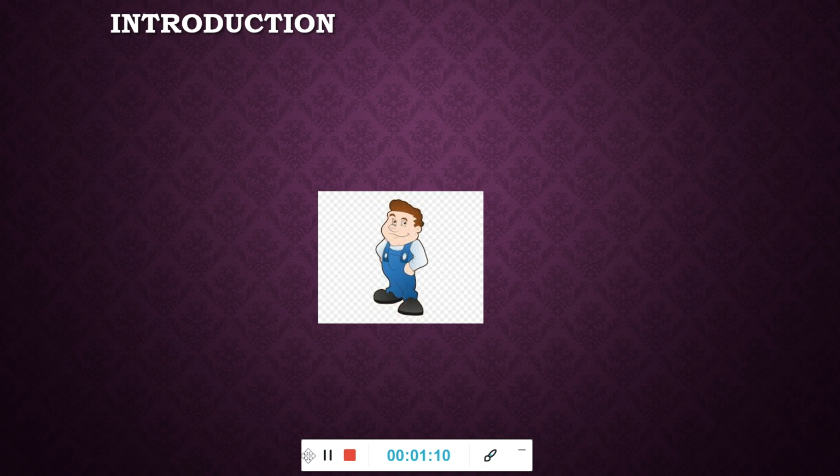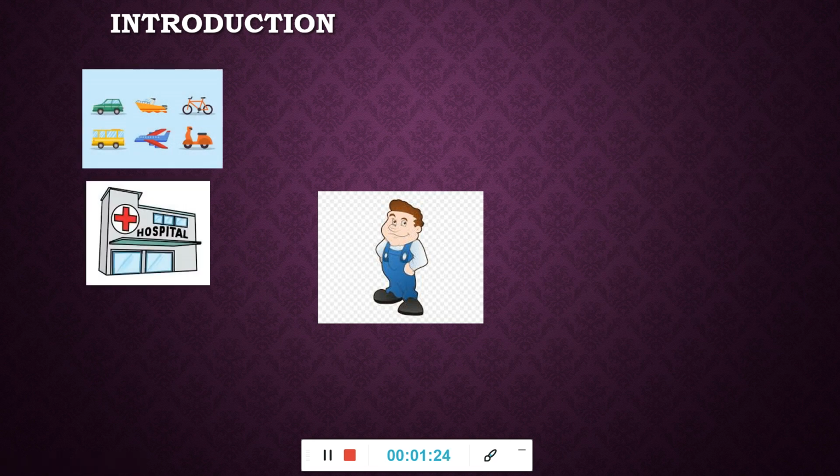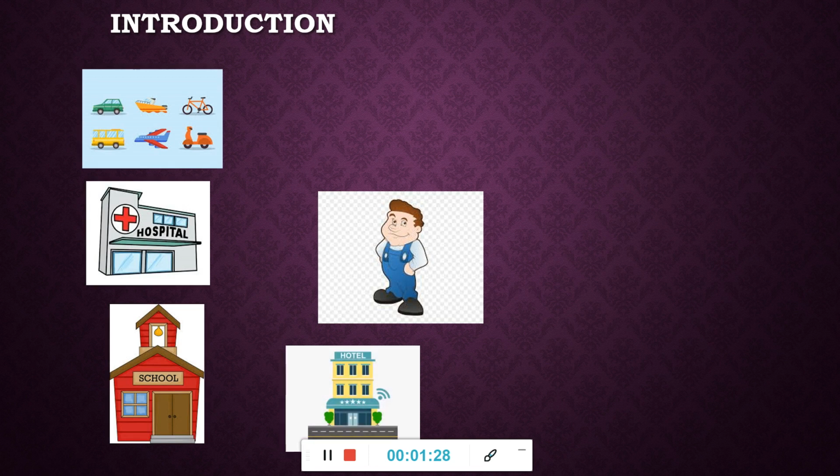So this is the individual person, and these are the various needs of the individual person, like transport, hospitals, schools, hotels. So now on my left hand side, all this is services.